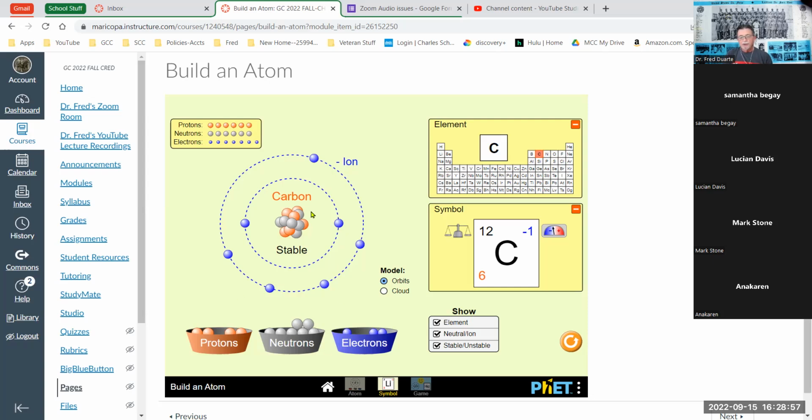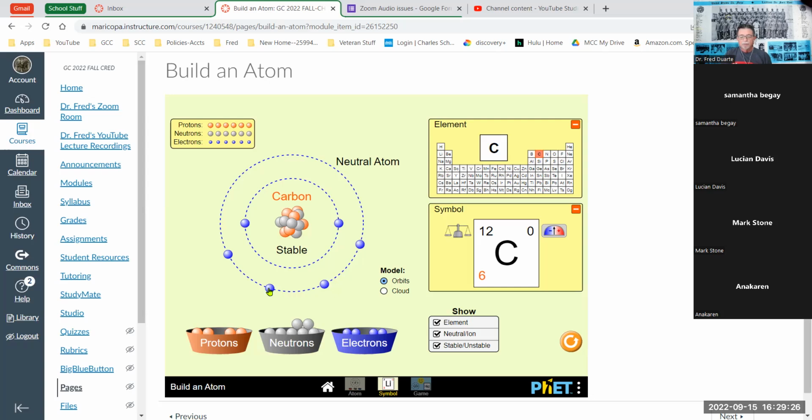Carbon is very unique because if you look at the position where carbon is, it's in group 4A, Roman numeral IVA, which is 4A. That means there are 4 valence electrons. Notice this model here of carbon.